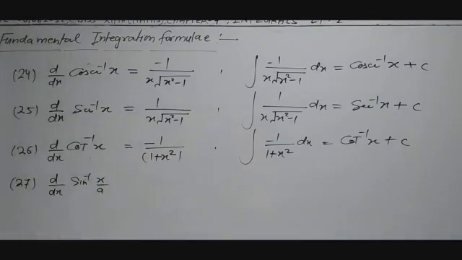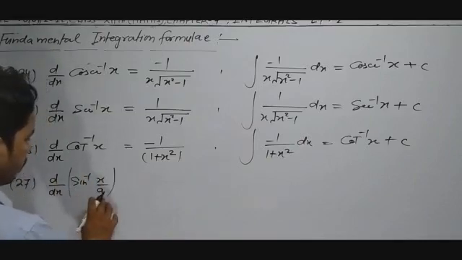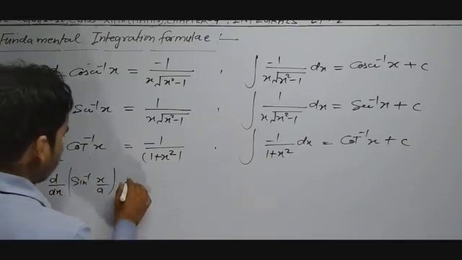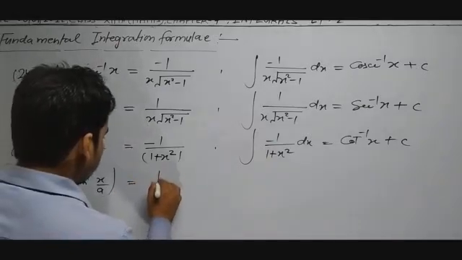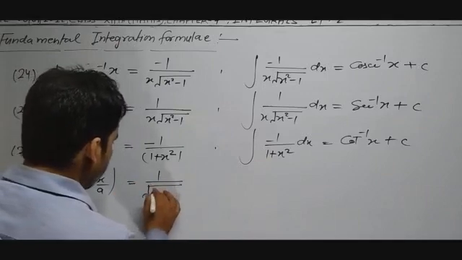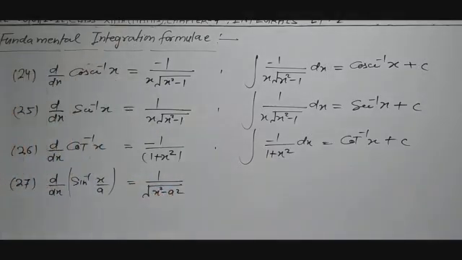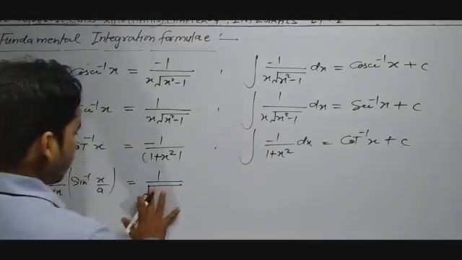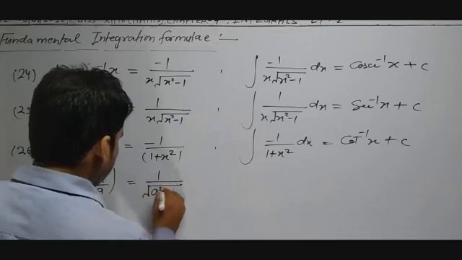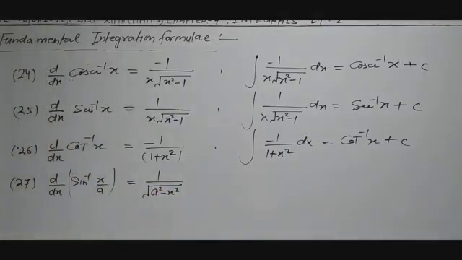This is the whole derivative and this is the angle form. So its result is 1 upon root over a square minus x square, not x square minus a square. This is the derivative of sine inverse x by a.